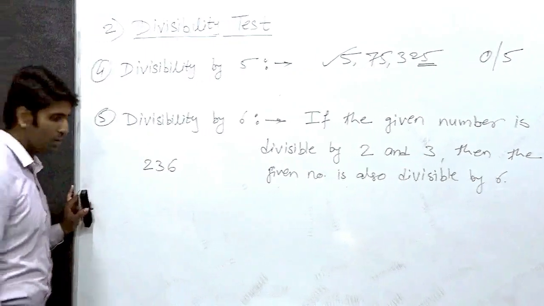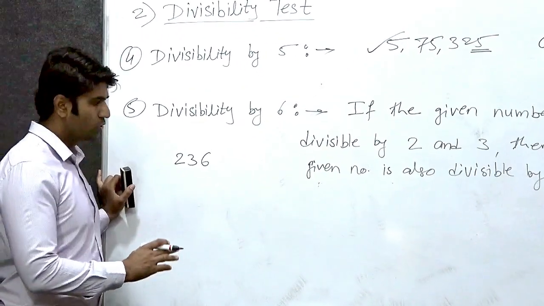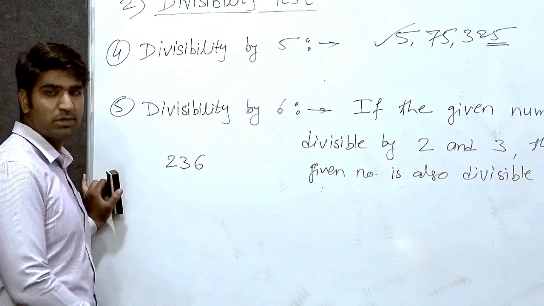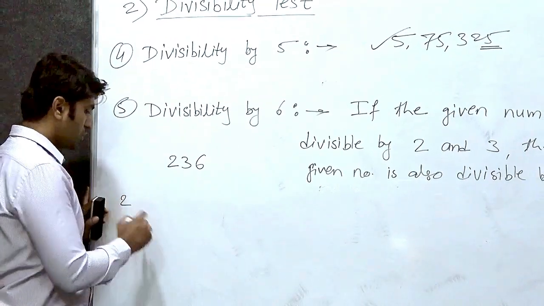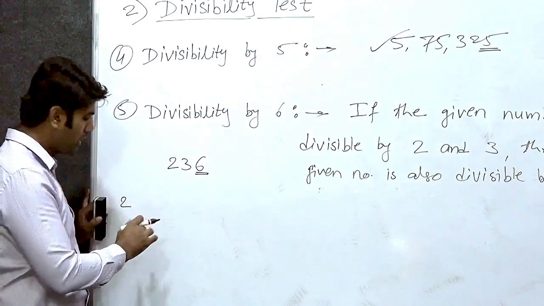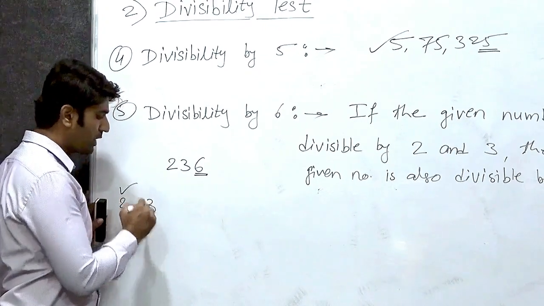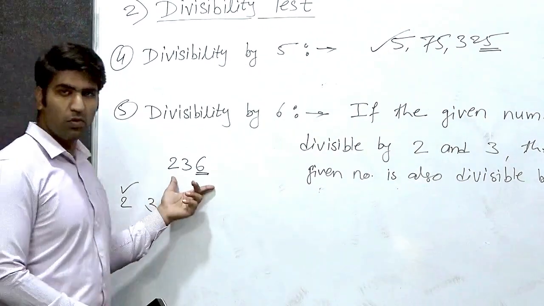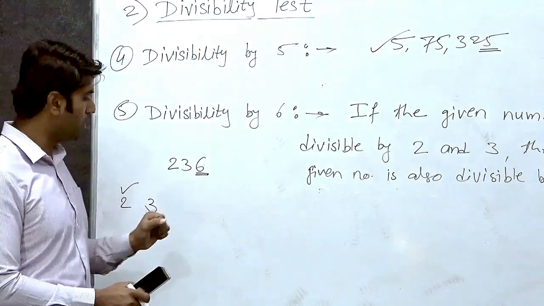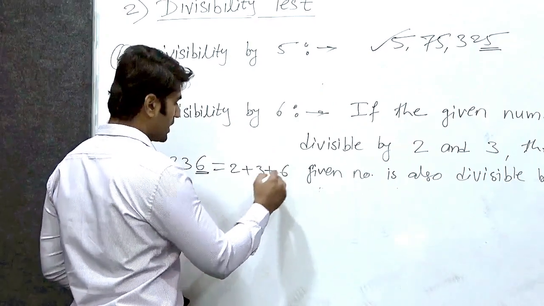236. Whether it is divisible by 6 or not. So what do we do? We first check whether it is divisible by 2 or not. The last digit is even, so the whole number is even, therefore it is divisible by 2. And now with 3, we do the sum of all the digits: 2 plus 3 plus 6.